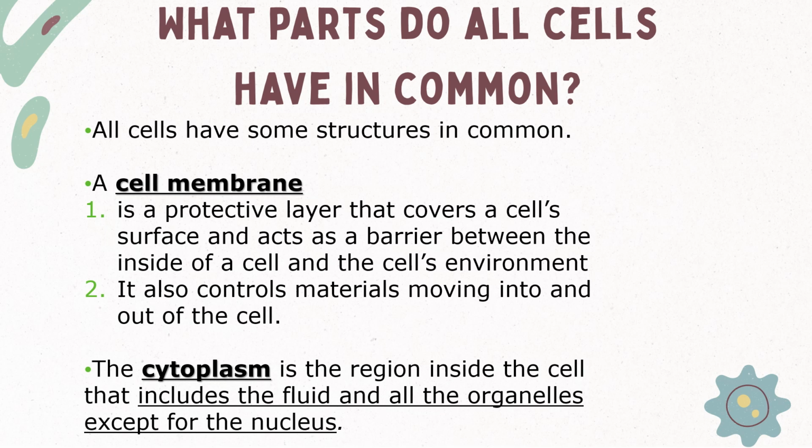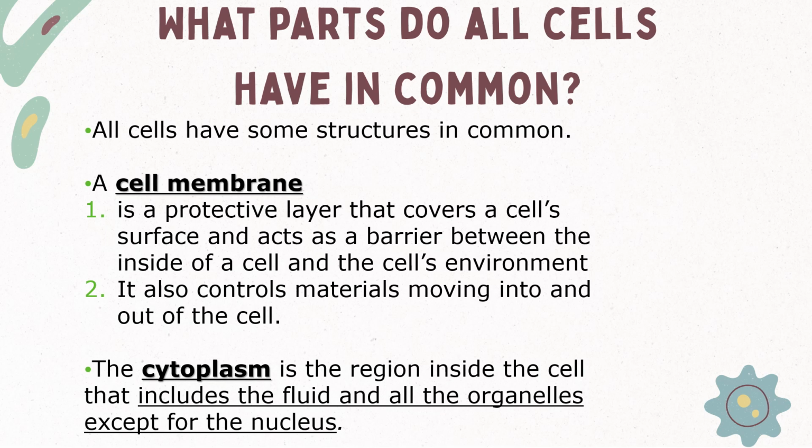The second part is called the cytoplasm. Cytoplasm is the region inside the cell that includes the fluid and all organelles except for the nucleus. So when I give a question, the one that includes fluids and organelles is called the cytoplasm.